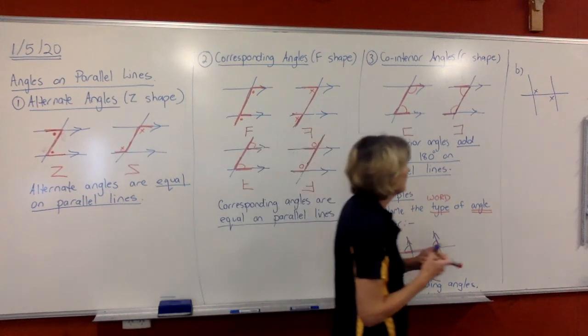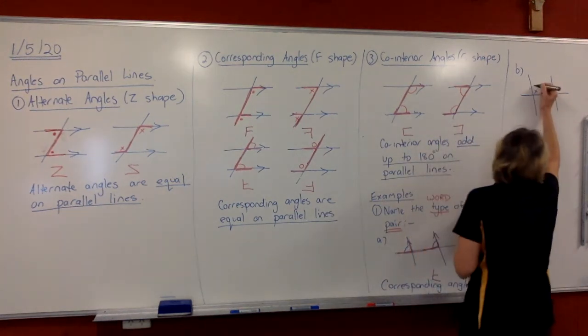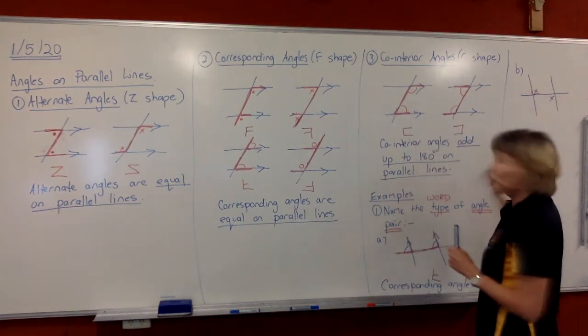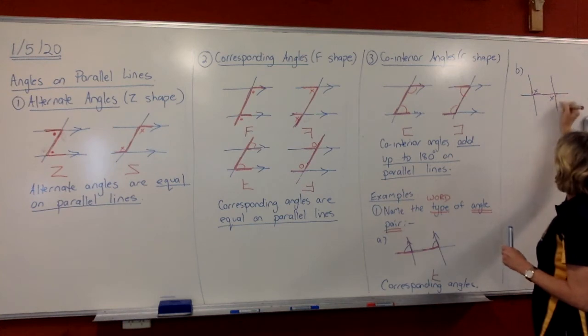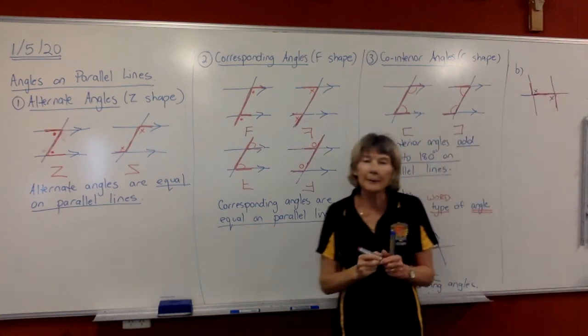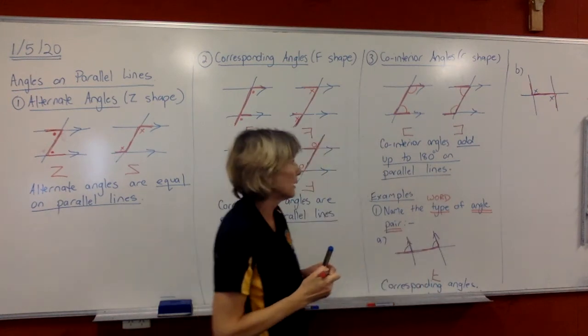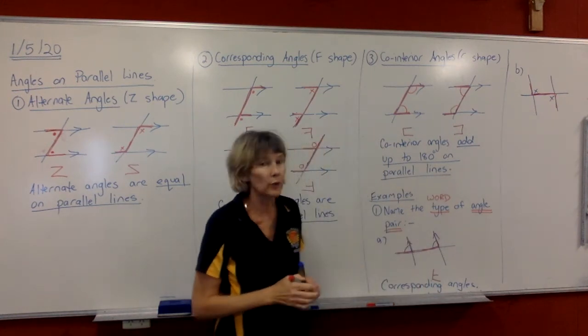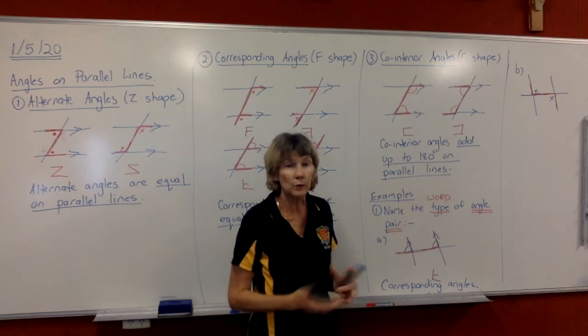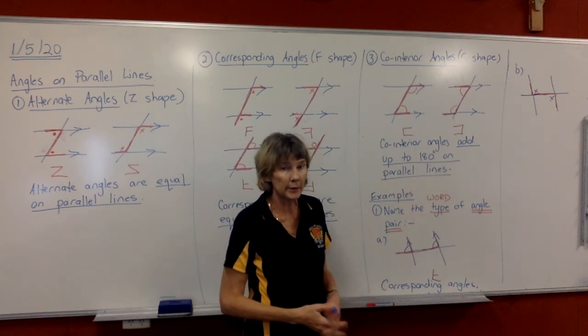So over here, the same thing. Go around the angle and around the other angle. Join them in the middle. Now, I deliberately haven't given you any parallel lines here, but as I said before, you don't have to have parallel lines to have alternate, corresponding or co-interior angles.